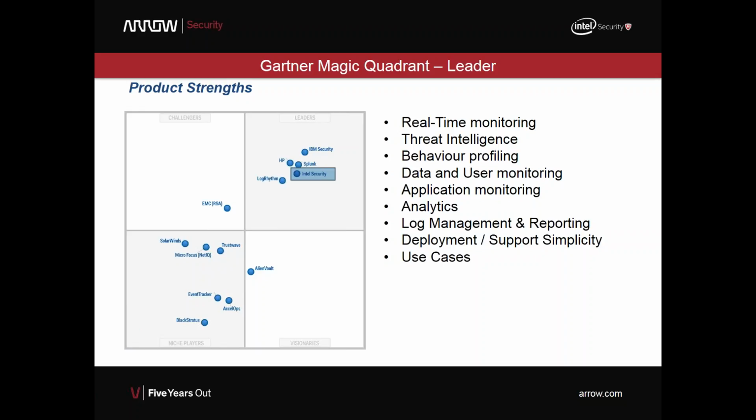But some of the great product strengths are real-time monitoring. So you can take all the information and data from your products and look at things in real time. You don't have to wait and wade through all sorts of logs for hours to understand what's going on and look at one console after the next. It will do it all for you.